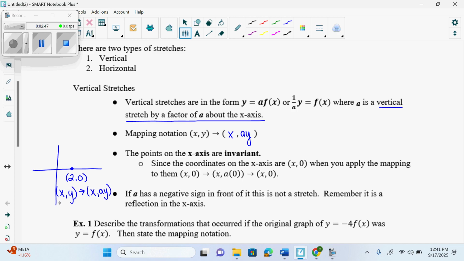Well, if I put this in, 2, 0 will become 2 and then a times 0. What's anything times 0? 0. So this is still 0, correct? So it's invariant. So when you are just multiplying your y by something, wherever y is 0, it will stay the same. Because when you multiply anything by 0, it stays. Yes? Makes sense? All right.